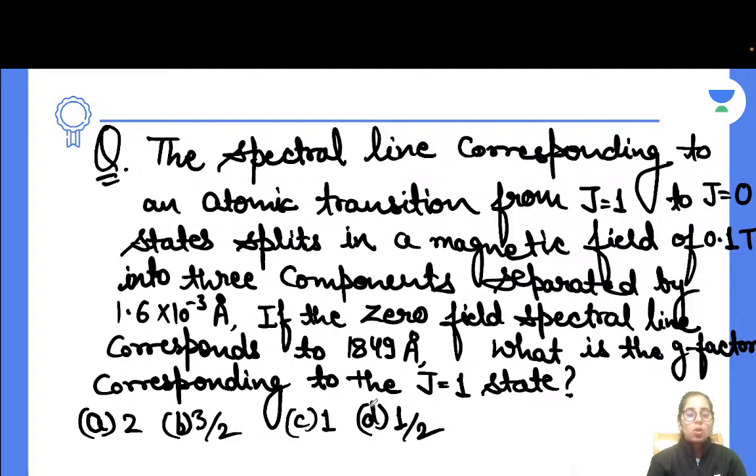In the anomalous Zeeman effect, spin will be non-zero. So 2S plus 1 is equal to 1 you get here. And also, with the Landé g factor formula, which is g equals 1 plus J into J plus 1 plus S into S plus 1 minus L into L plus 1 upon 2J into J plus 1, like that you have the exact formula form.